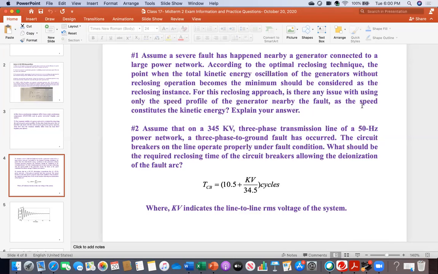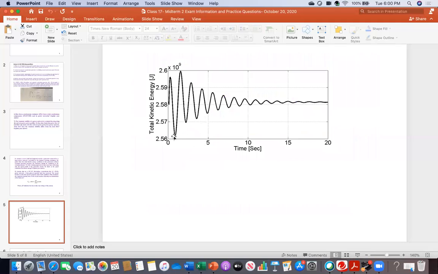Because I am arguing that speed constitutes the kinetic energy. Kinetic energy is half J omega squared, and the moment of inertia is constant. That information you get from the machine rating or nameplate data. You just need to capture the speed information.